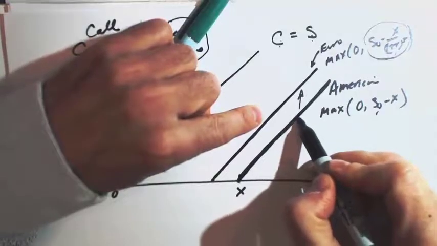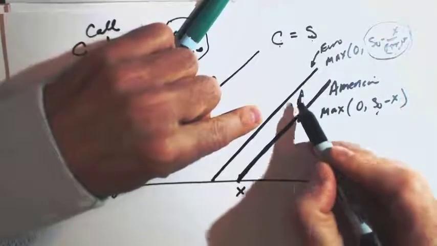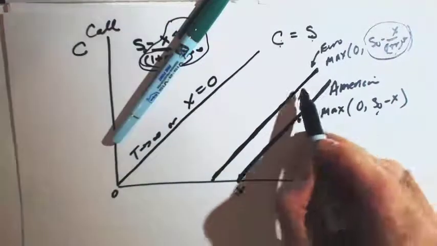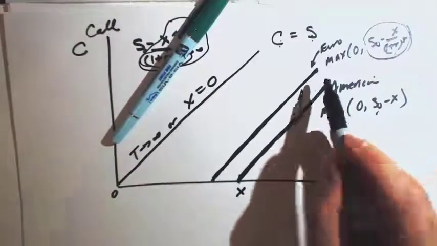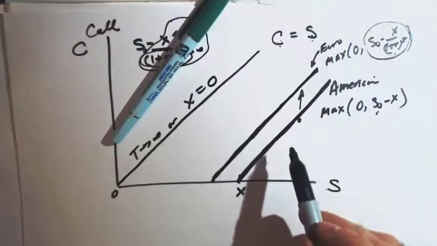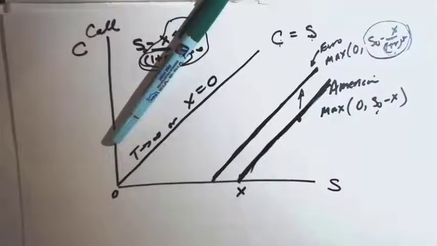It applies at expiration, but before expiration, this is the lower bound. You can't go below this upper line here. And as time goes on, at expiration, both the American and the European are worth the same amount on this line, because they both can do the same thing at that point. It's either exercise if it's in the money, or if it's not or at the money, don't exercise.